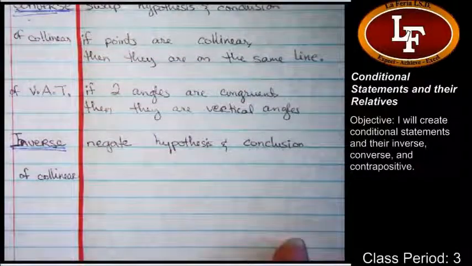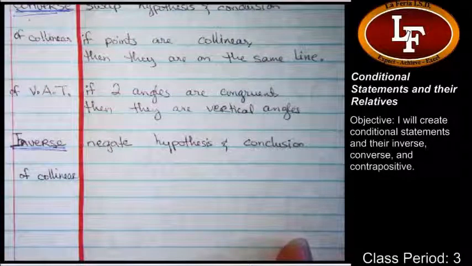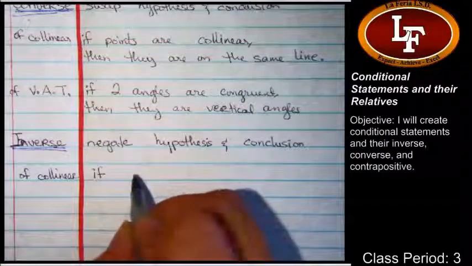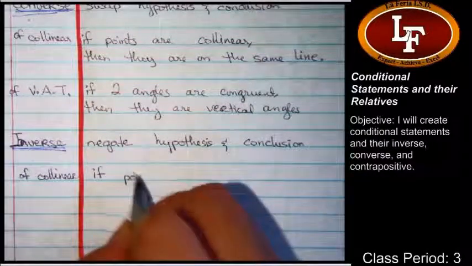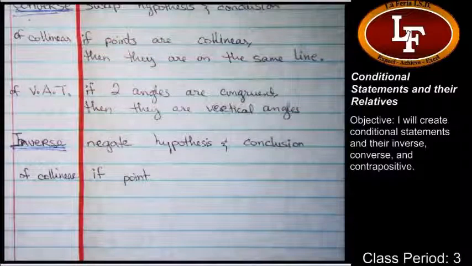Now we're doing it back to where it's hypothesis and then conclusion. Correct, you're taking your original conditional. Inverse of collinear: if points are not on the same line, then they are non-collinear. But don't use the word non. Yes, I know that means not, but that's a vocabulary word. You want to make sure it's clear you're negating by using the word not.